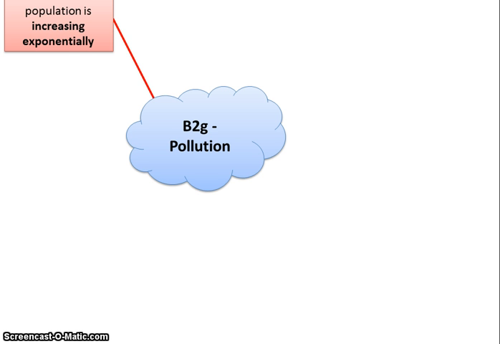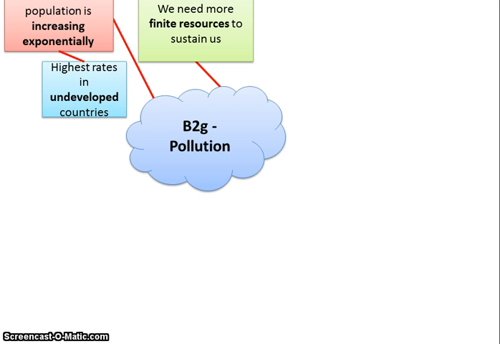And what that means is, if you looked at a graph, you would see that all the way along the human population kept quite stable until we got to about the 1800s. And when we got to the 1800s, we improved our healthcare, our housing, our education, all of those sorts of things, and the numbers of human population shot up massively, and that's why it's called exponentially, because it shoots right up.